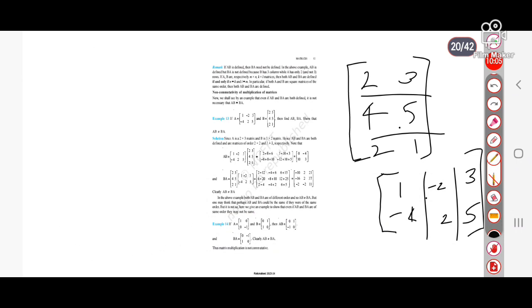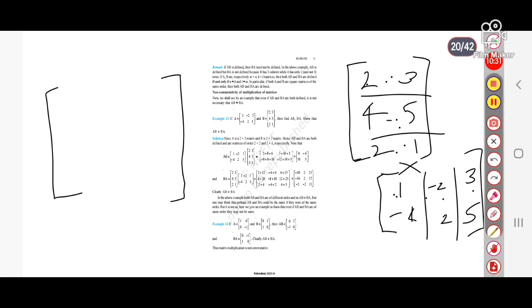So this multiplication yields a 3 cross 3 matrix, confirmed. Why? Because we have 3 rows and 3 columns in the product. Multiplying, we get: 2 ones are 2, minus 12.